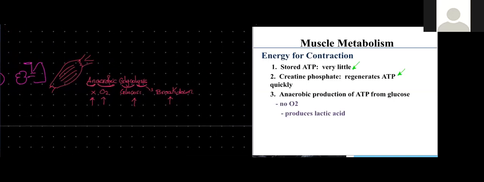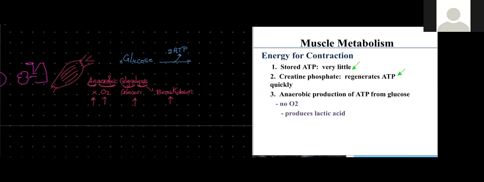The anaerobic glycolysis is going to allow you to generate 2 ATPs that will be produced per each glucose.